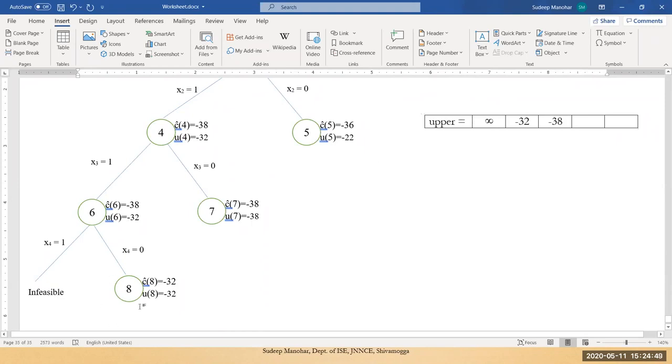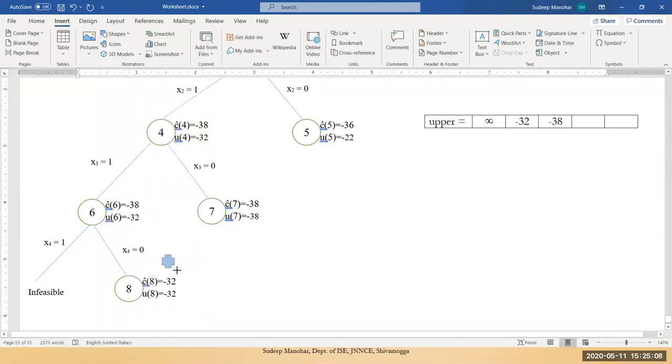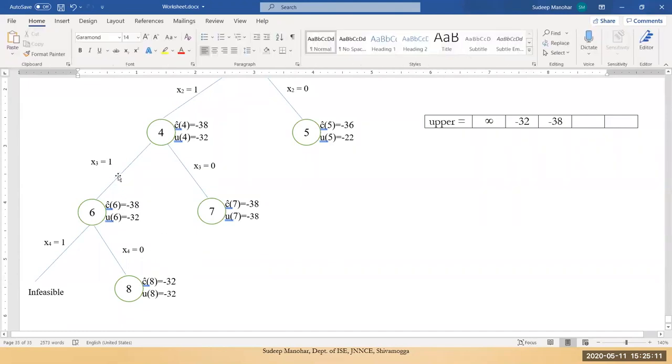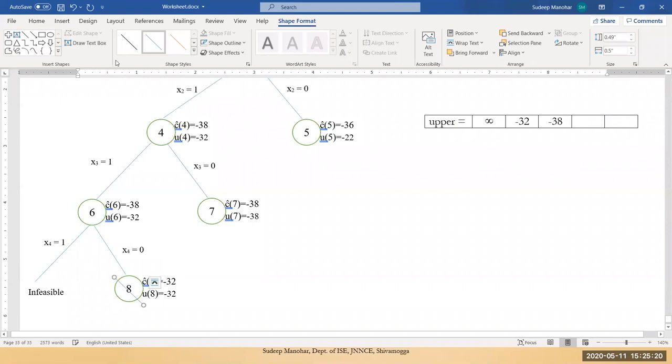You have to kill this node number 8. How to kill this? I'll use some mark, like this, telling that this node has been killed.